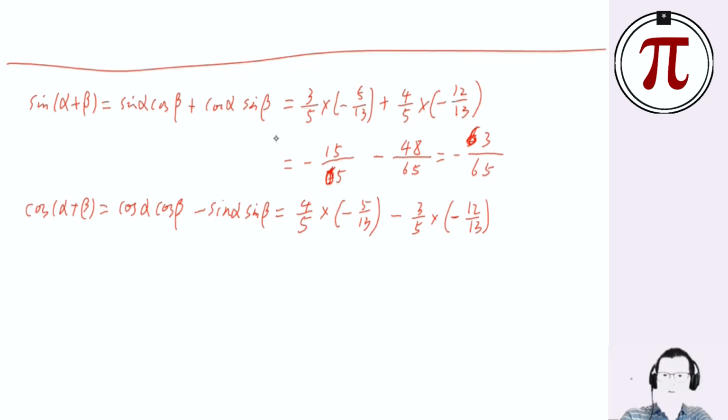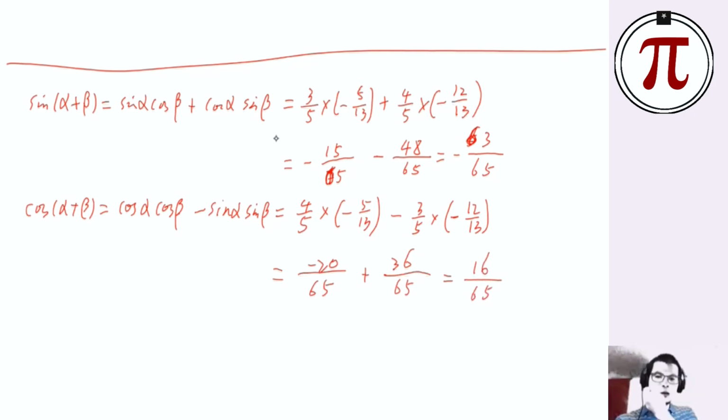Now over 65 the top is negative 20, and negative negative becomes positive, so plus 36 on the top. That's 16 over 65. This is cosine of alpha plus beta, right?